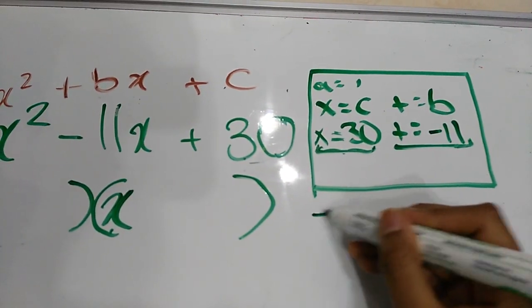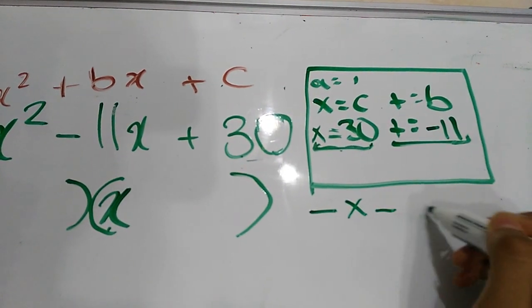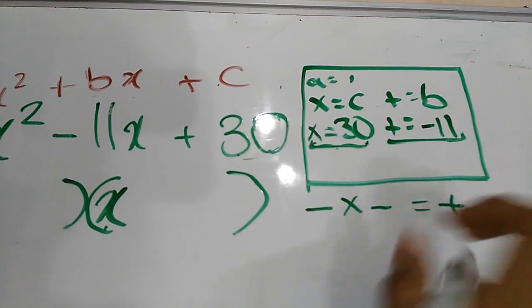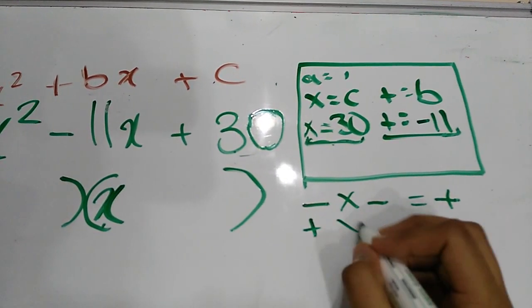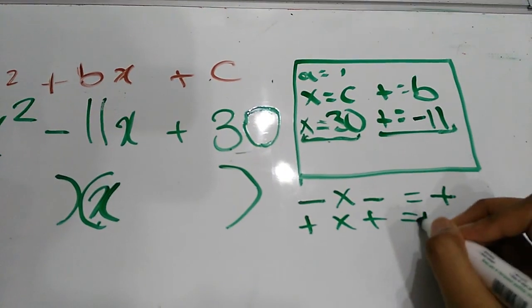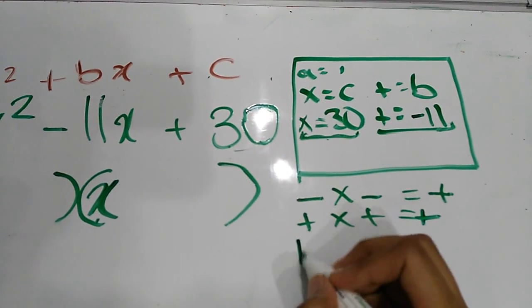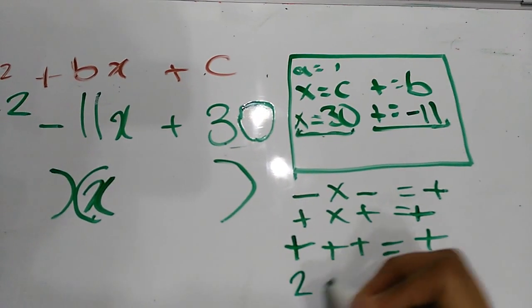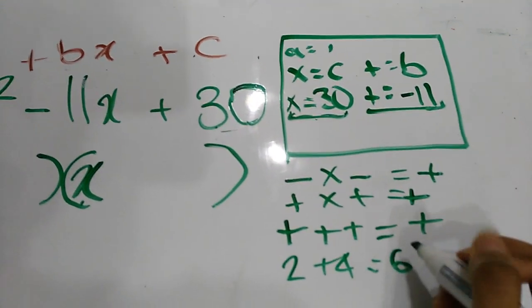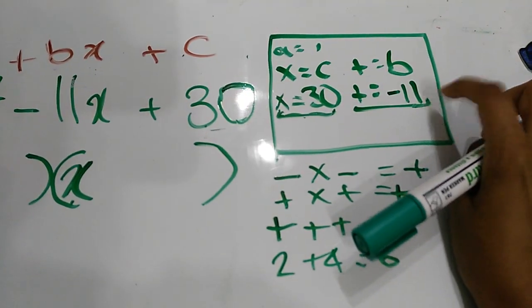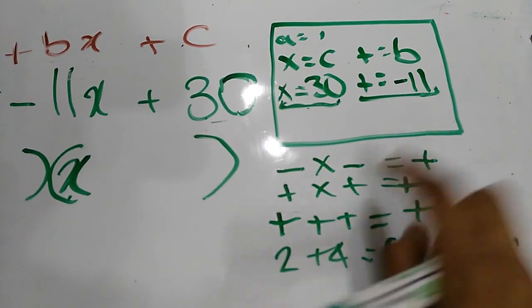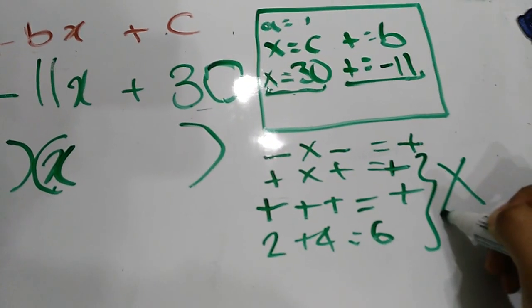This is because a negative times a negative gives me a positive. The only other combination that will give me a positive is a positive times a positive. But if I were to add a positive and a positive, I'd get a positive, right? 2 plus 4 gives me 6. But this is not a positive number.